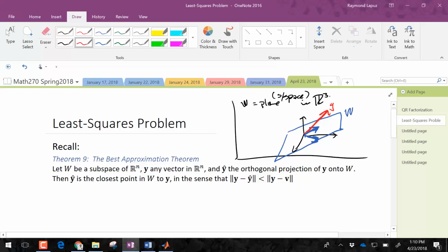I'm going to deal with vectors the whole time, so I'm not going to draw arrows, because the hat thing might make it look confusing. What this is saying is that y hat is a vector on W, actually on the plane, that is the best approximation to y.